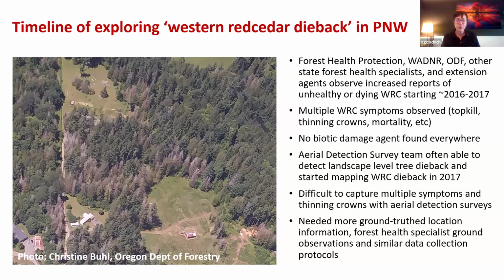However, it was difficult for them to capture all the different symptoms people were reporting, and to capture the thinning crowns from aerial detection. They do really well with capturing new mortality, but this proved more difficult. So we knew we needed more ground truth location information and more ground observations, to collect similar data out on the ground.